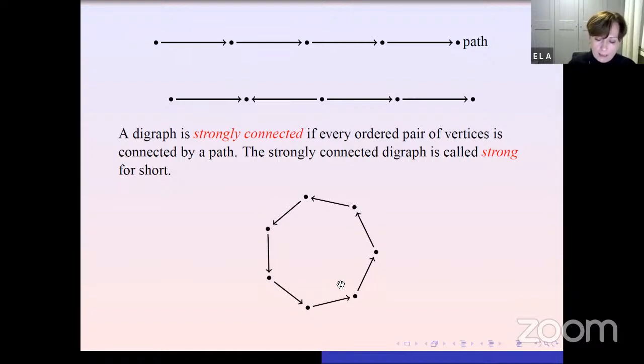And here is an example of a cycle. A digraph is strongly connected if every ordered pair of vertices is connected by a path. A strongly connected digraph is called strong. So a cycle is strong, however, a path is not strong.